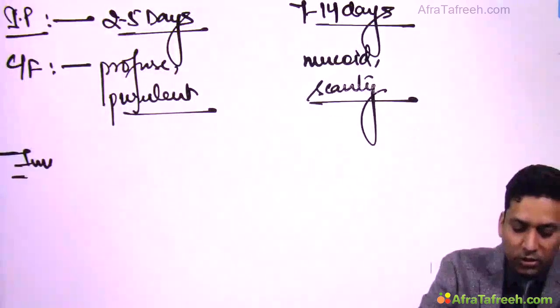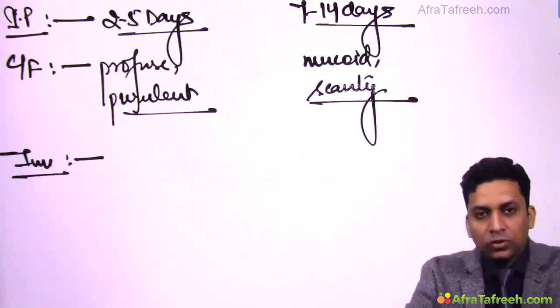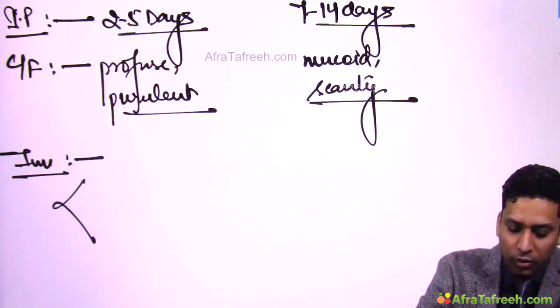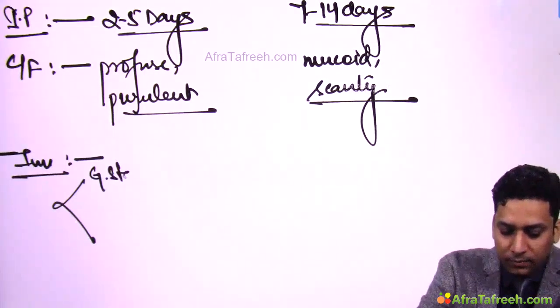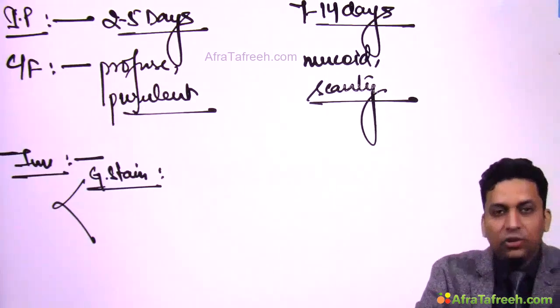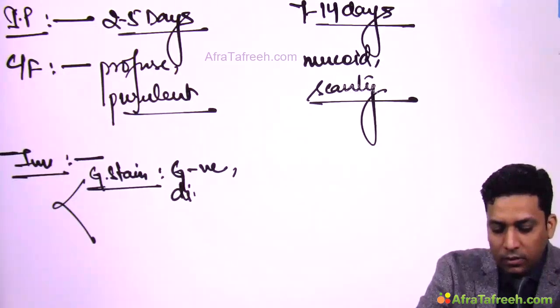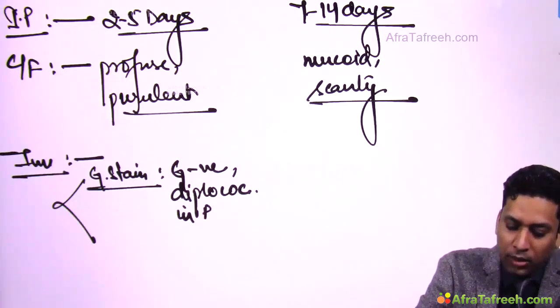To confirm your diagnosis, you can do investigations. So you can take this urethral discharge swab and go for gram staining. On gram staining, you will get these gram negative diplococci in polymorphonuclear cells, that is neutrophils.